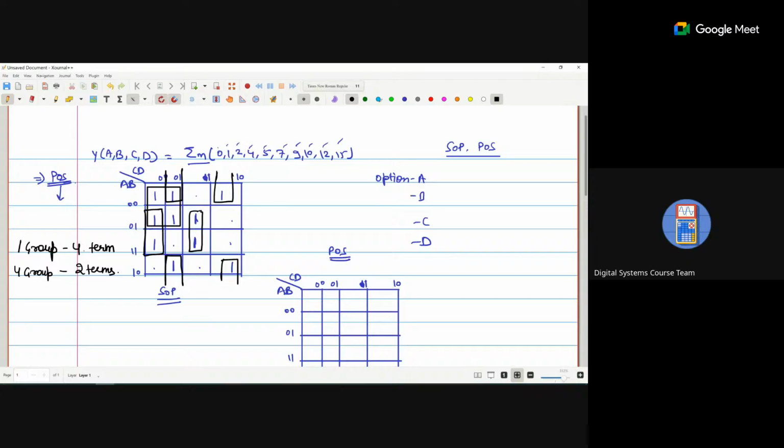Now in the options, SOP is not mentioned. No option is showing the SOP, so we have to identify in POS form. So what we do, where 1 is not defined, we will take 0.